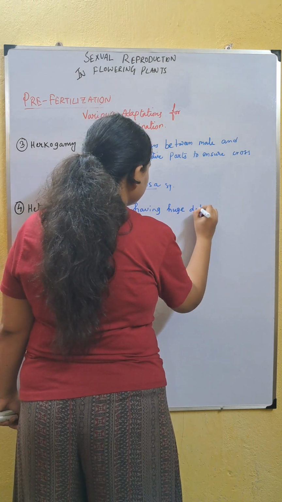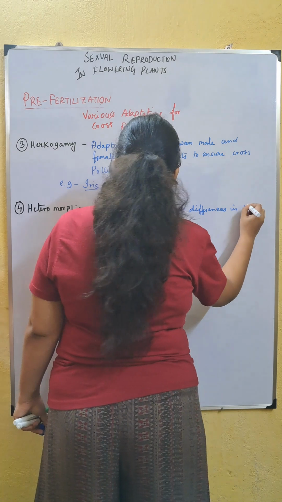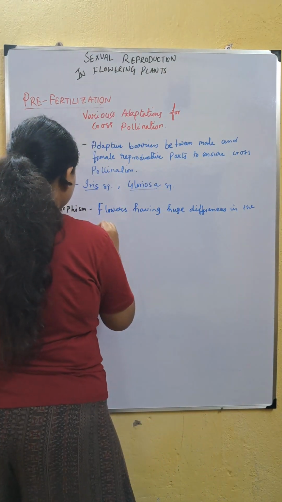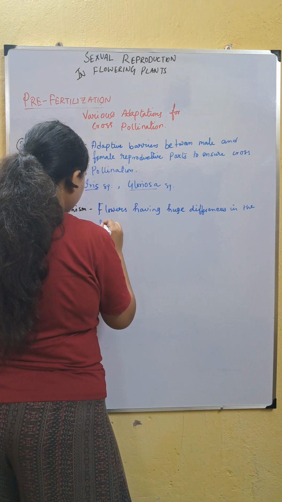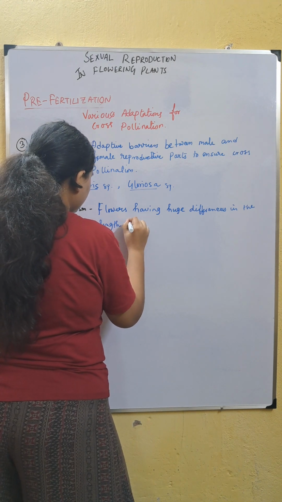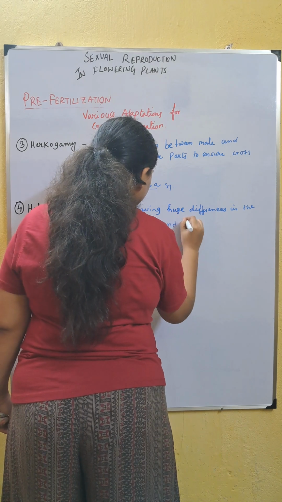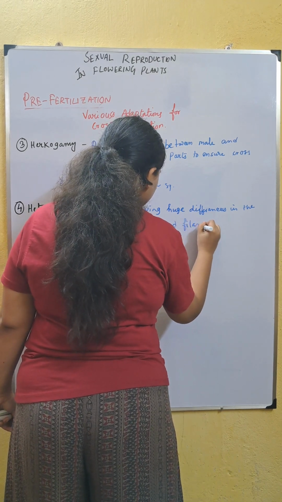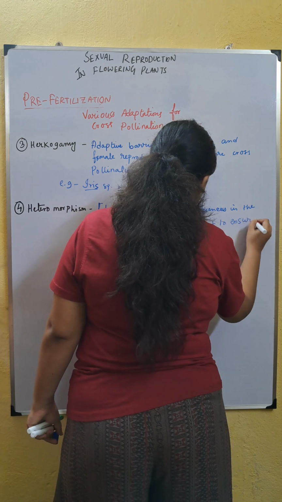There are huge differences in the length of style and filament to ensure cross pollination.